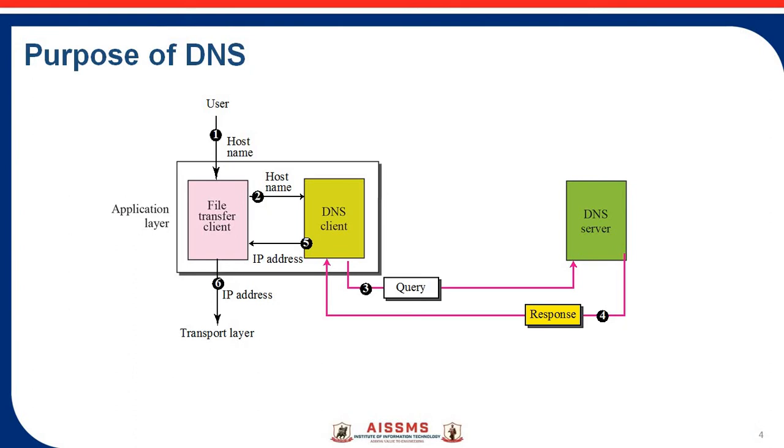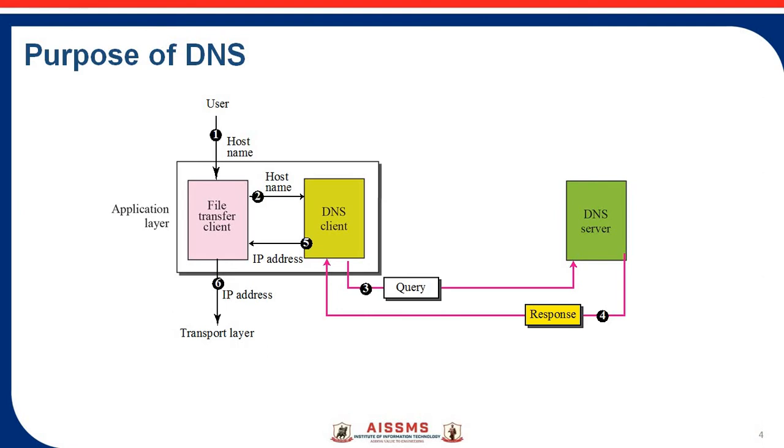First step, the user passes the host name to the file transfer client. Second, the file transfer client passes the host name to the DNS client. Step number 3, the DNS client sends a message to DNS server with a query that gives the file transfer name using the known IP address of the following DNS server.